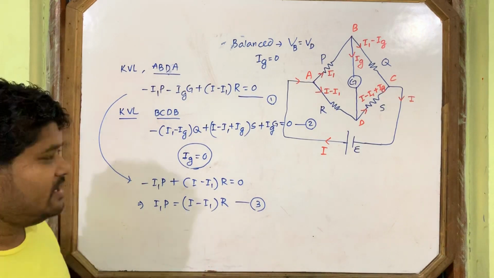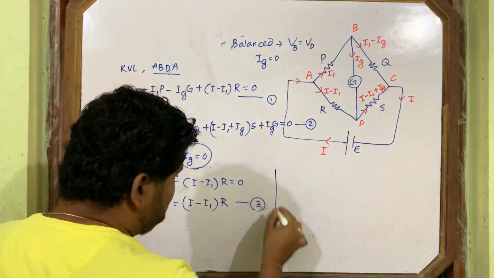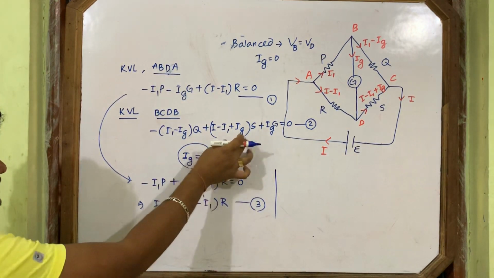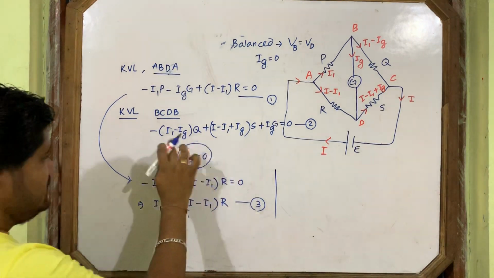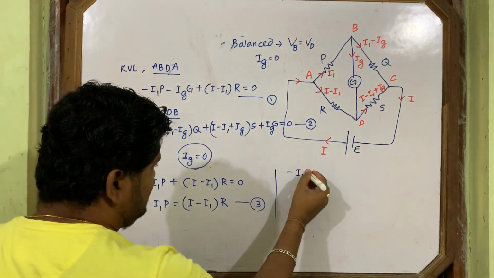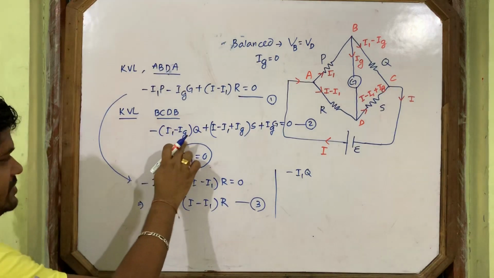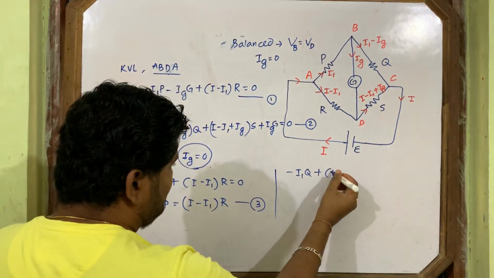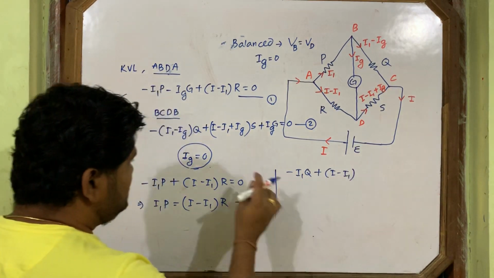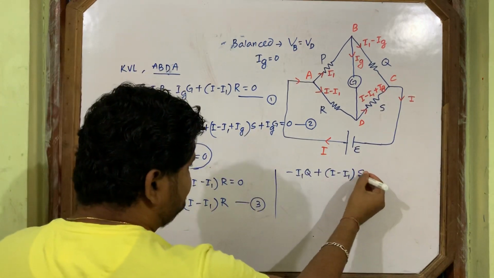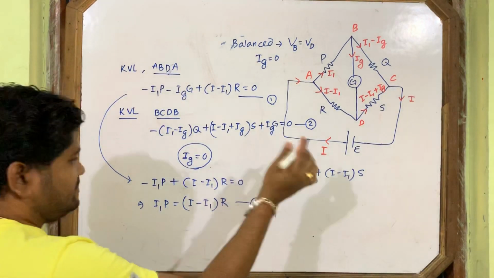Understand? Okay. Then from equation 2, what happens in the balanced condition when Ig is 0? Minus I1 Q, the Ig term is completely 0, plus (I minus I1) into S is equal to 0.